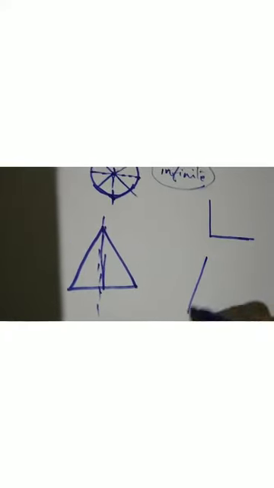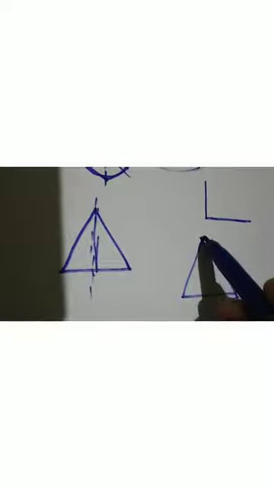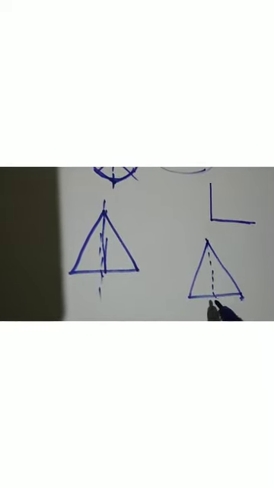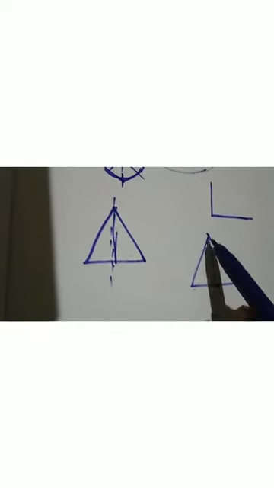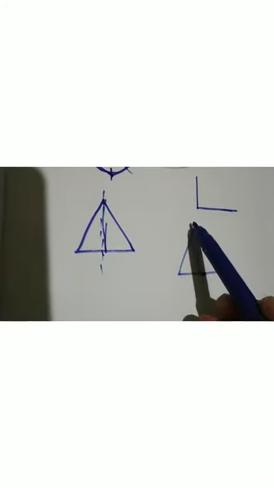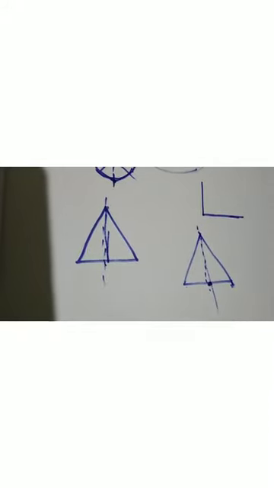Okay, that is here. Opposite of this side. That is the correct middle will be there. So this will be the median, and this will be the altitude of this triangle. Also this will be the line of symmetry for this triangle. Clear?